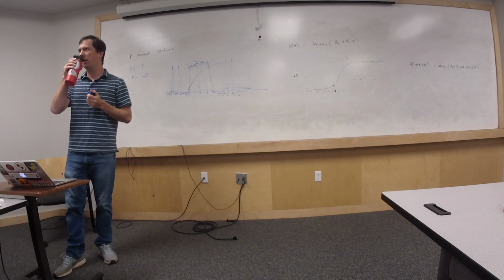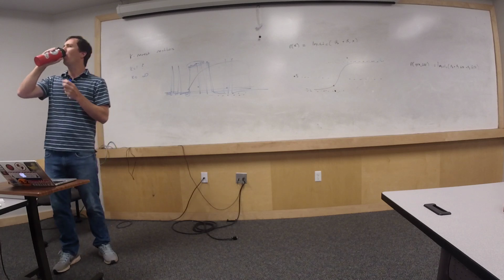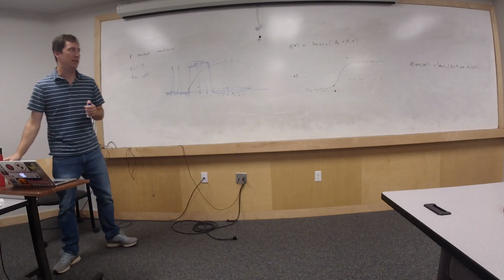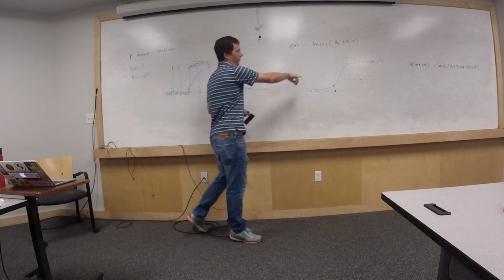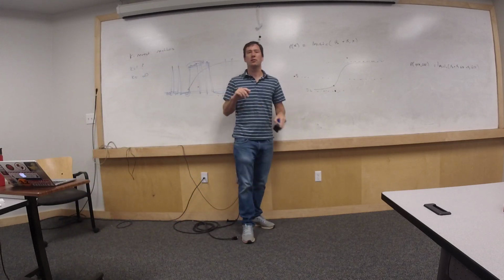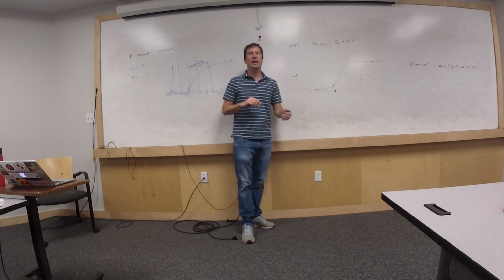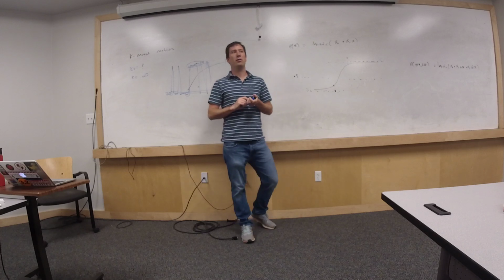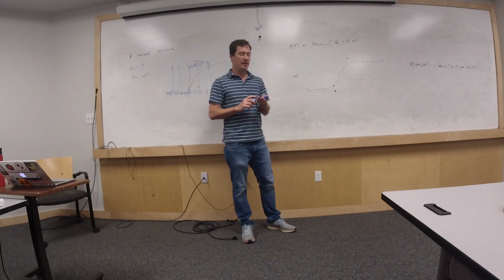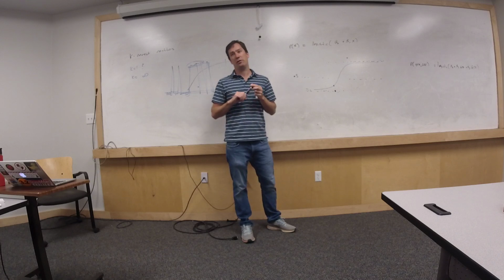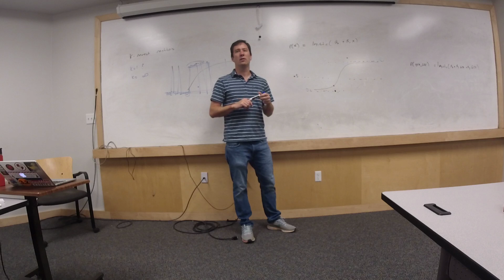So let's say I have 1D data. I can find that point quickly if my data is sorted. If my data is sorted, what's the algorithm I'd want to use?